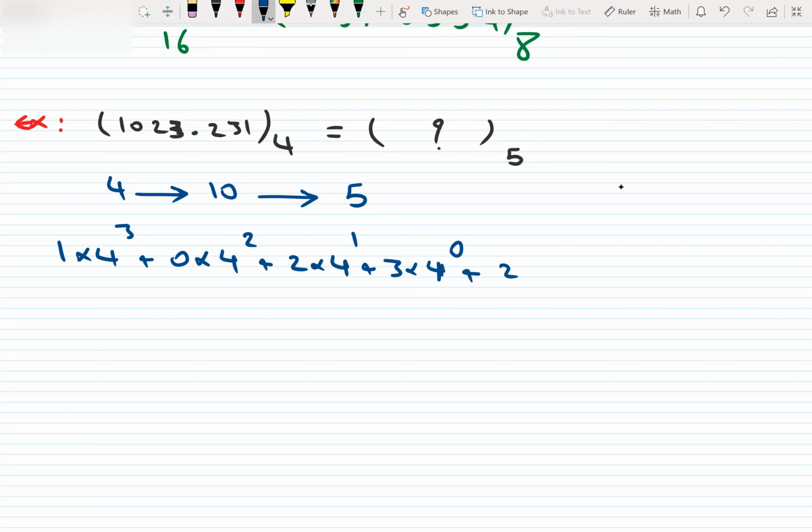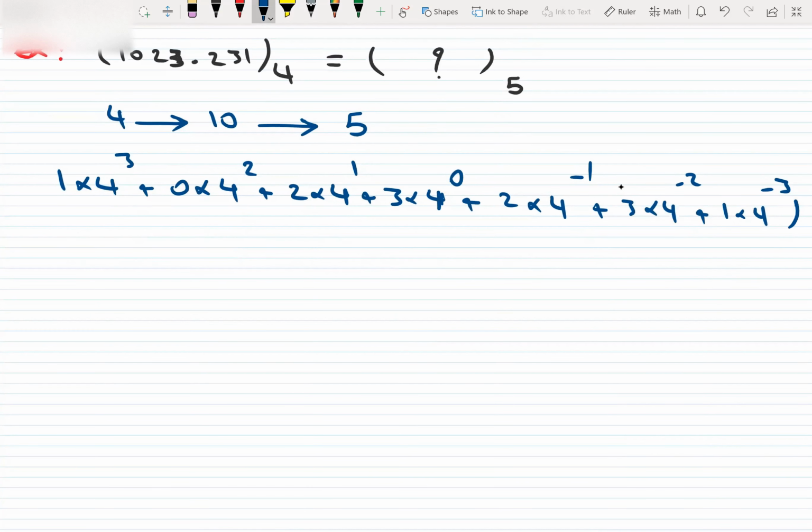So it's 2 times 4 to the power of negative 1 plus 3 times 4 to the power of negative 2 plus 1 times 4 to the power of negative 3. So this is our number in base 10.